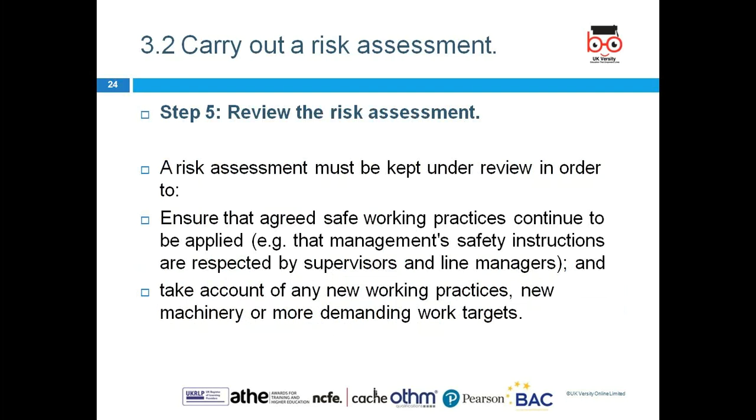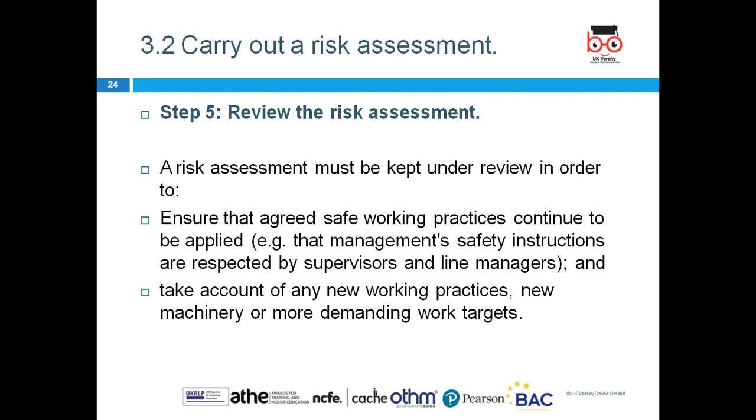And then the last little section on here is step 5, review the risk assessment. A risk assessment has to be reviewed so that you can ensure that you've got safe working practices, that these practices are continuing to be applied, and that any of the management safety instructions are respected by supervisors and line managers.